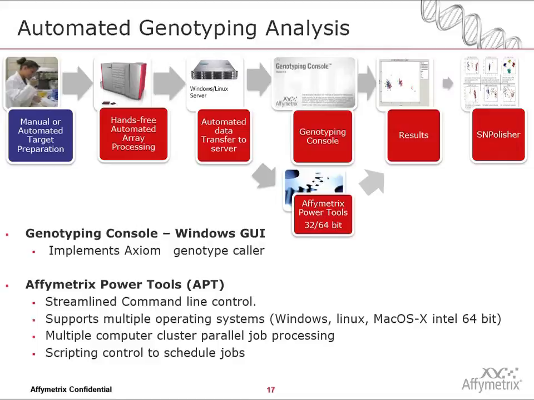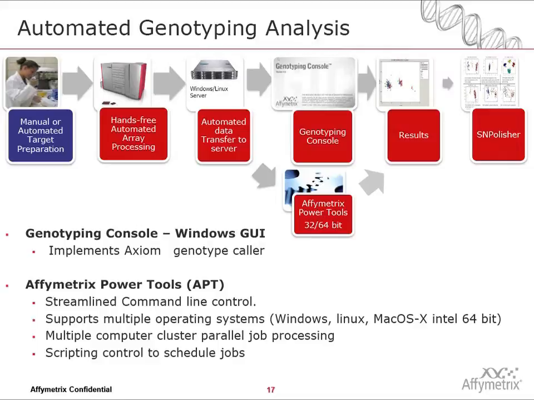Once you have your results from, let's say, a 50,000 SNP array or a 100,000 SNP array, what we want to do is present those results in an easy way for the end user, whether it's the breeder or whether you're performing research. You want to look at it in a simple way and see which SNPs are in which category.